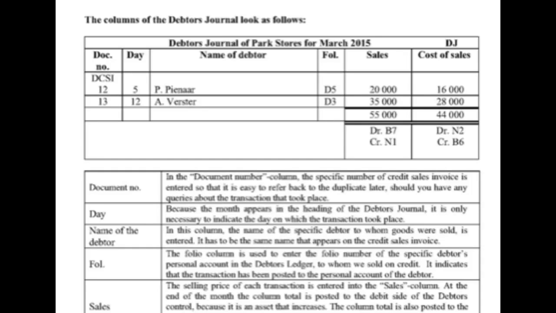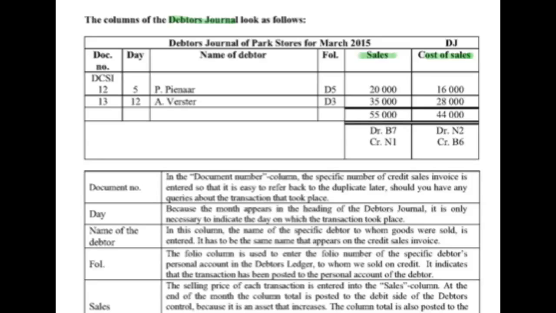When you now look at the debtors journal, you will see it is very short and sweet. What I mean by that is this debtors journal only consists of 2 columns and there are no sundry accounts added afterwards. It only consists of sales and cost of sales columns. Now let's look in detail at what each of these columns means.